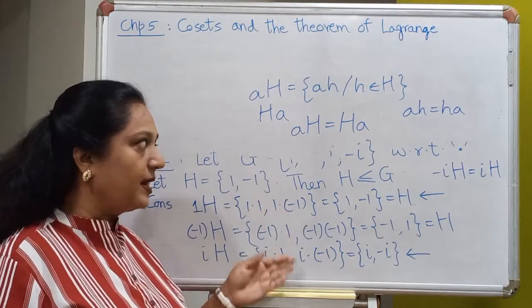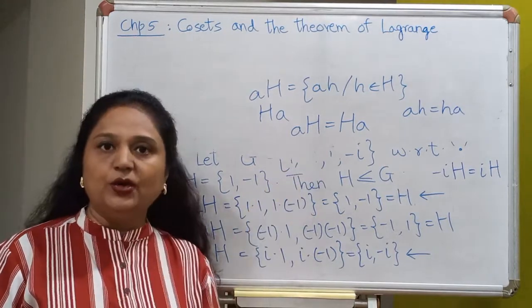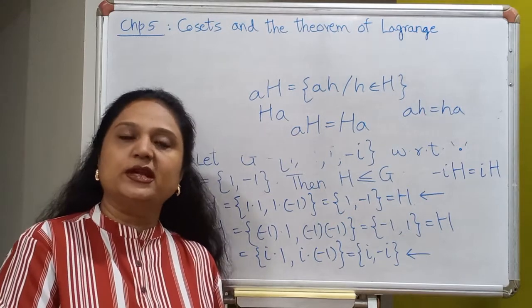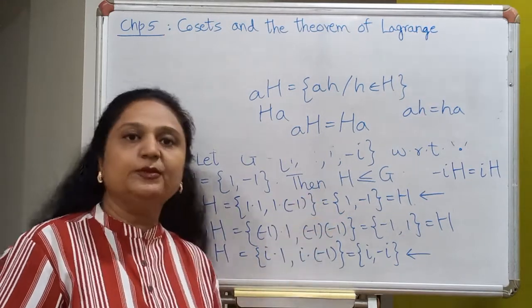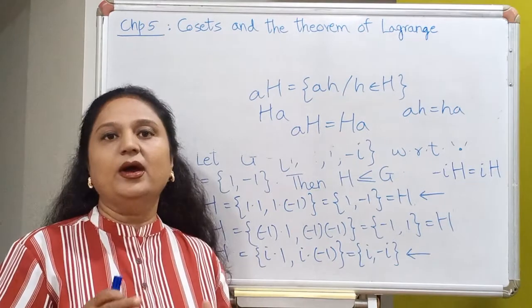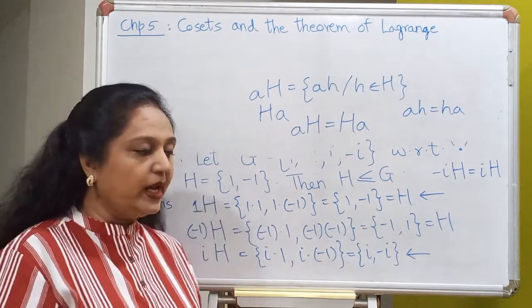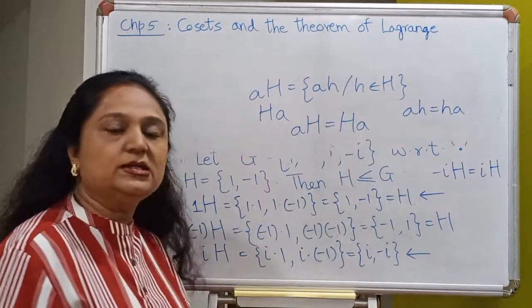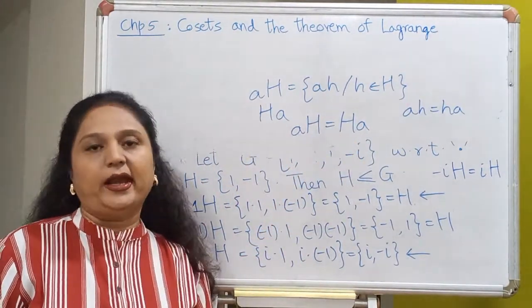So in this example, because this was an abelian group, had I obtained right cosets also, I would have ended up with precisely the same cosets. So in an abelian group, every left coset automatically is equal to the corresponding right coset.